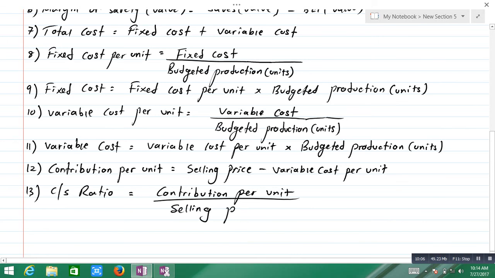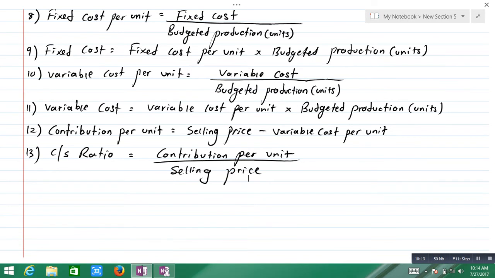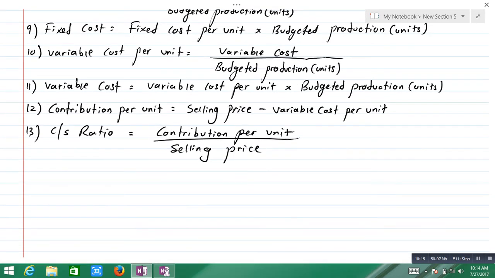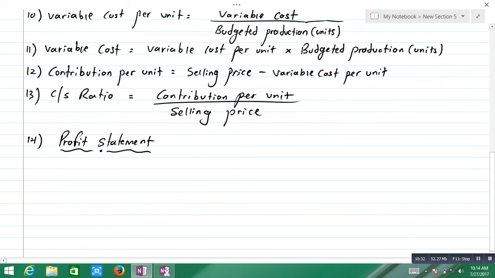Number fourteen, profit statement. You'll have units, then sales, less your variable costs.